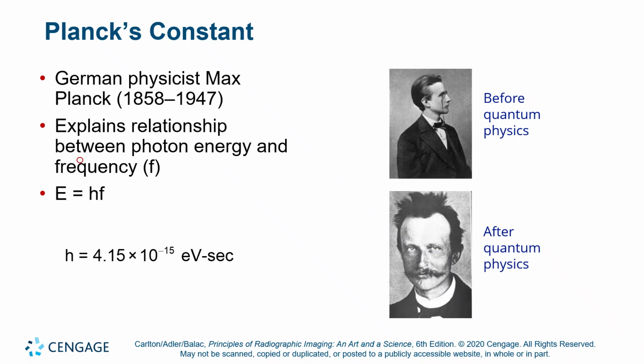And Einstein took this and said, okay, what if these tiny little packets of energy hit atoms? Because Bohr said that the electrons were bound to the atoms by discrete quantities of energy. So what if we take photons that have the same energy as the binding energy, or slightly more energy than binding energy?